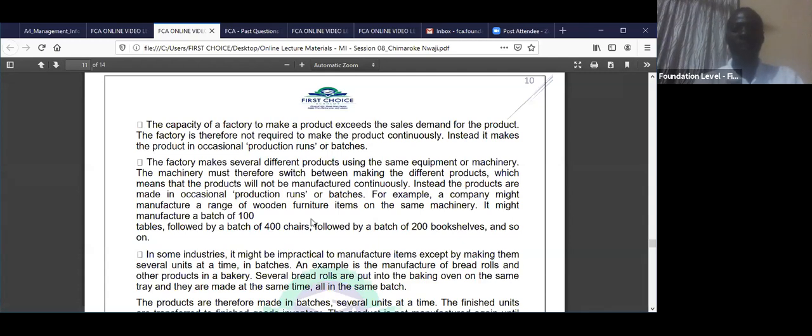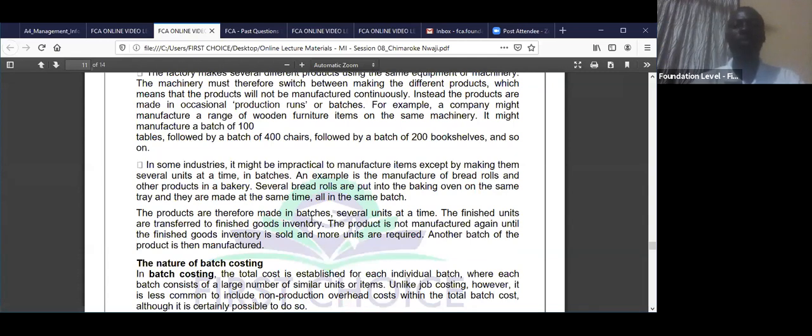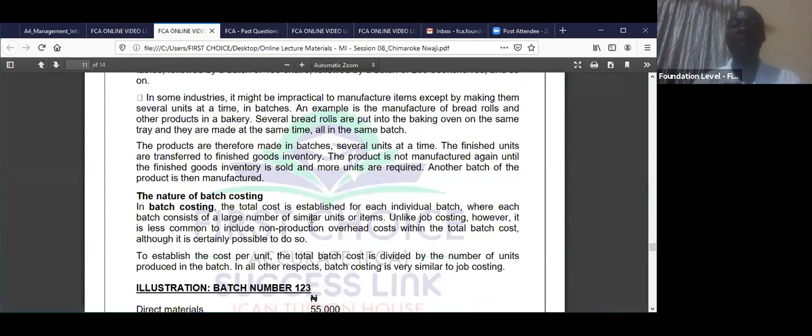In some industries, it might be impractical to manufacture items except by making several units at a time in batches. An example is the manufacture of bread, rolls, and other products in a bakery. So you have to produce bread in batches.